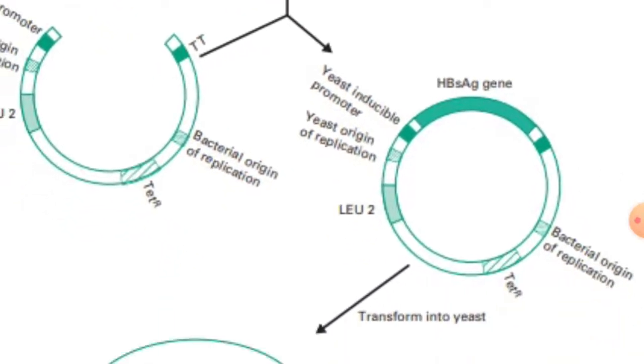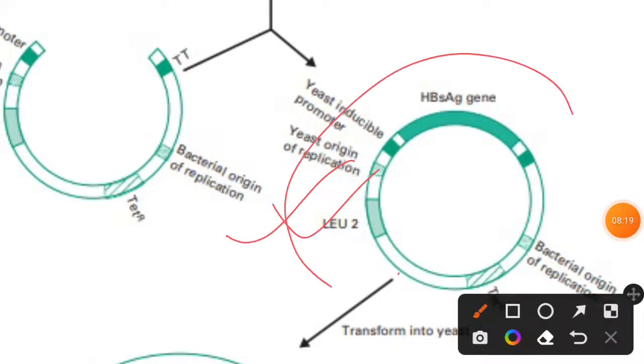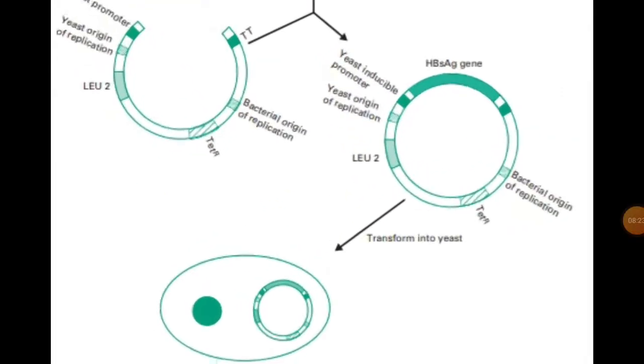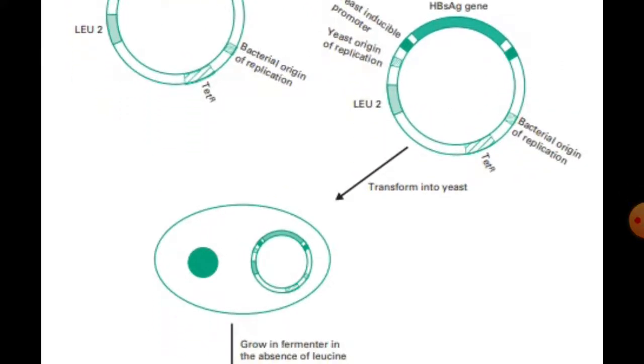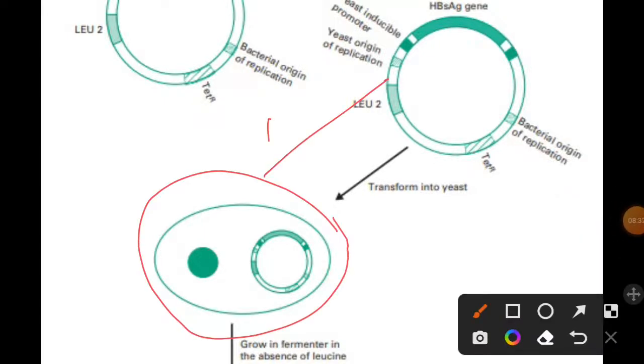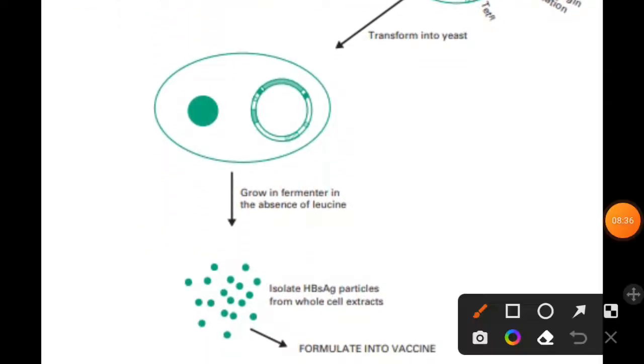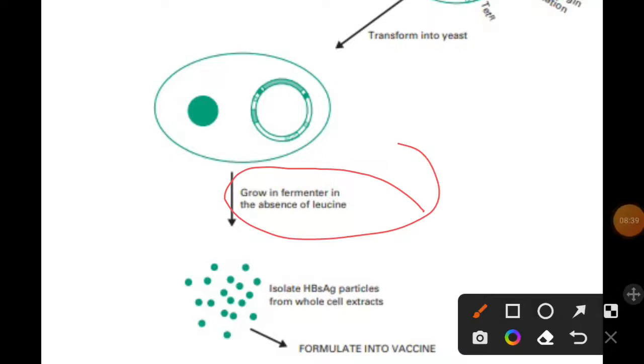Once we have our vector ready, we will transform it into the yeast. Here we prefer yeast because we are constructing a protein of a virus. Then we will grow them in a fermenter in the absence of leucine.